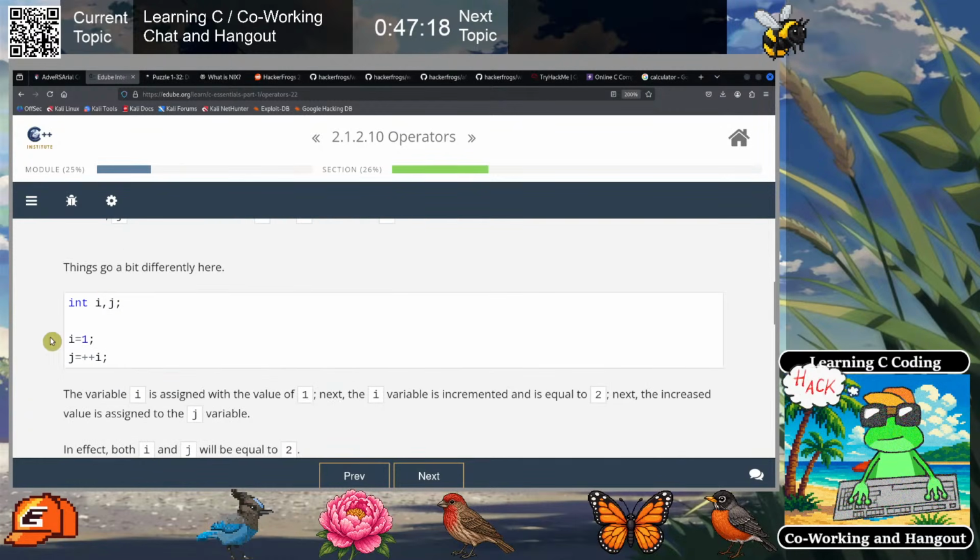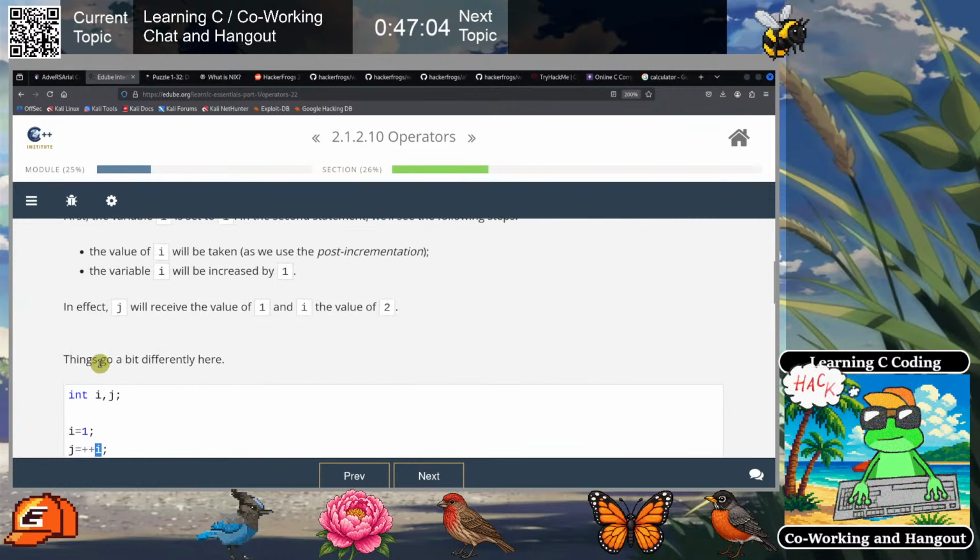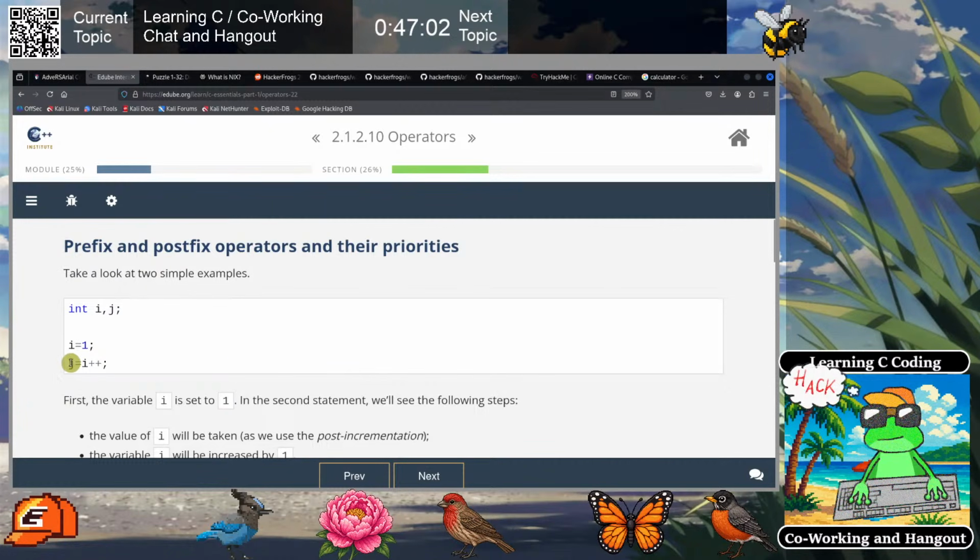So i and j are the same in this circumstance because the incrementation happens before the value of i is returned. But in the previous case, j equals 1, but i is incremented to 2, which seems kind of weird.